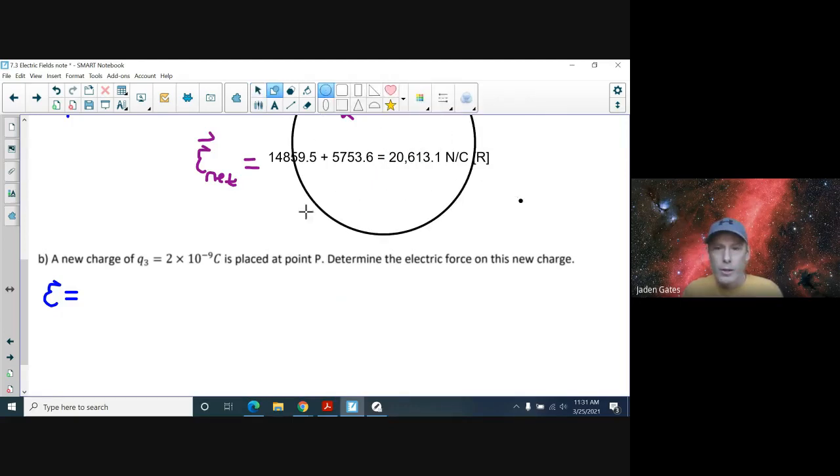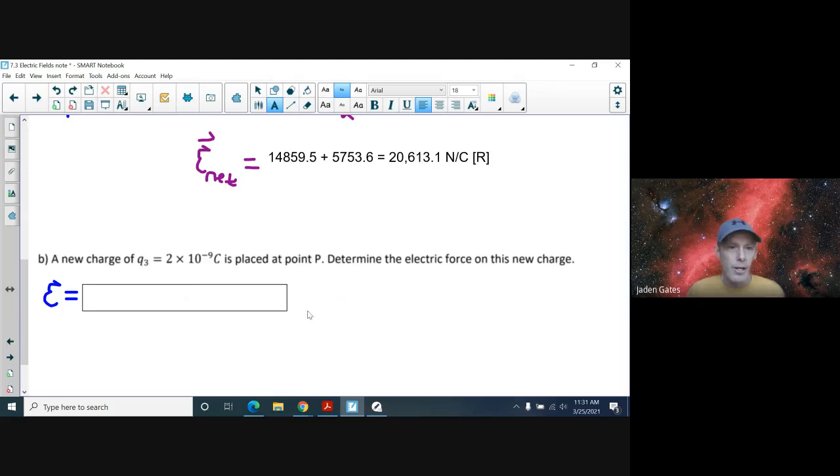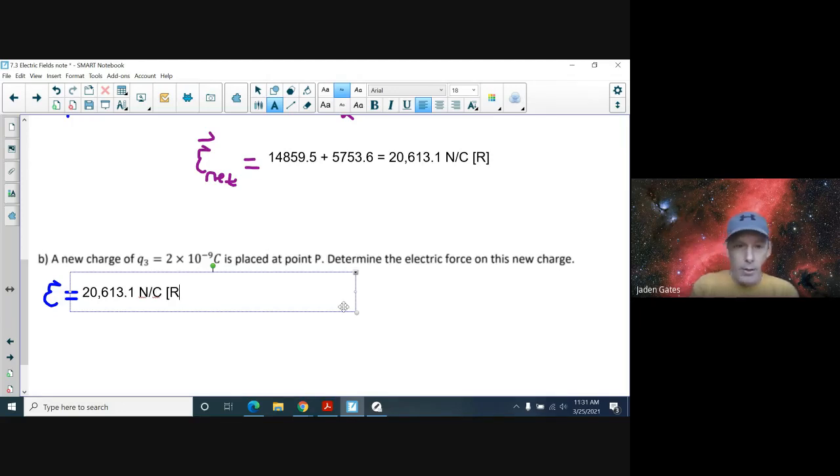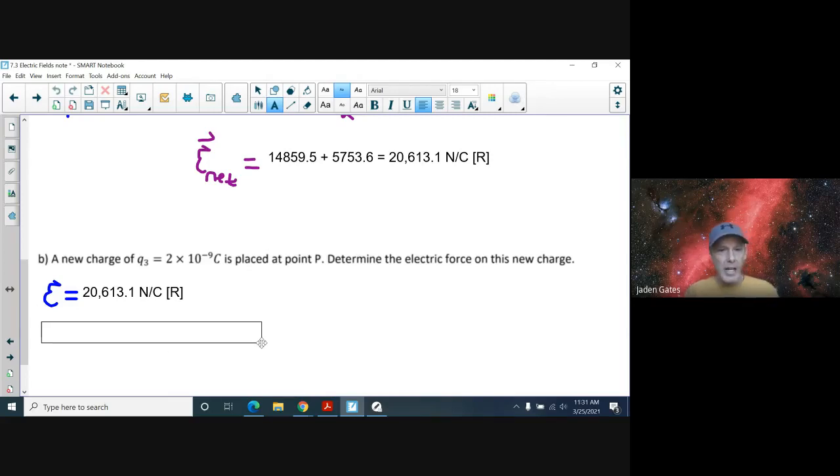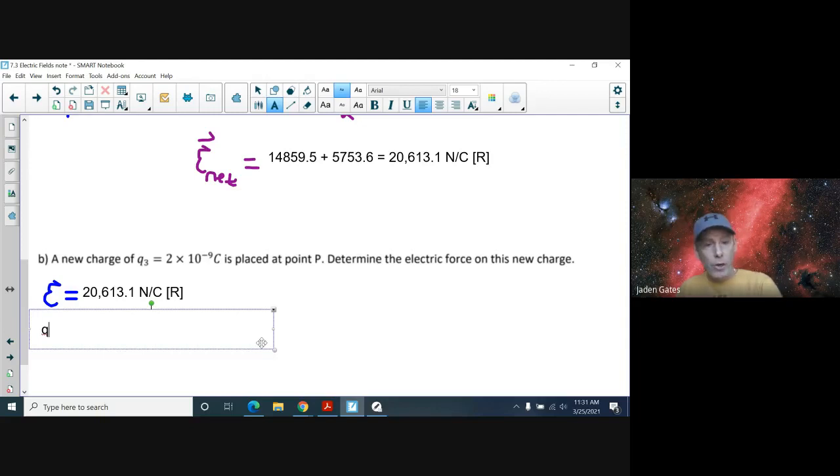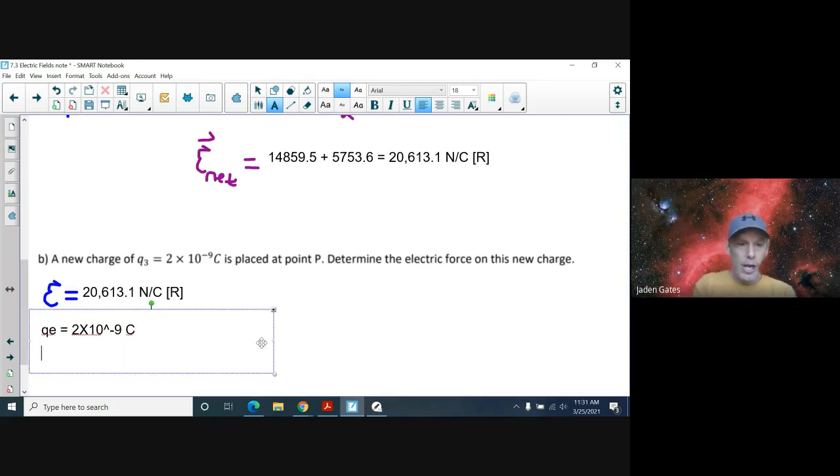Trying to get fancy with my new computer. Let's just go back to the original.